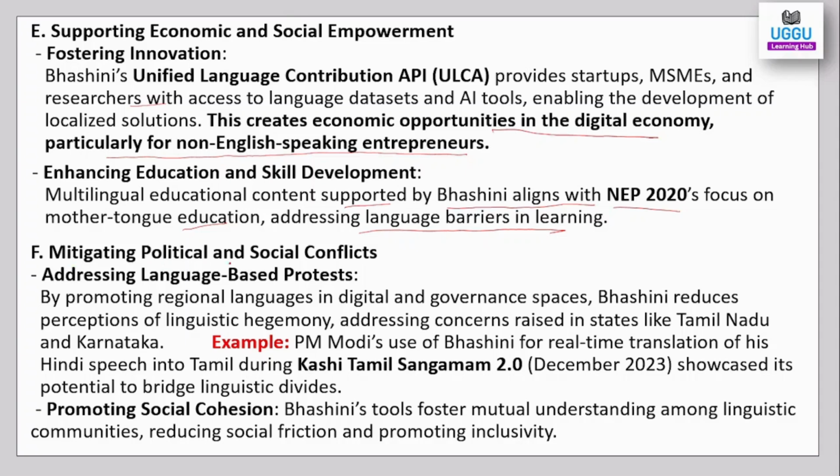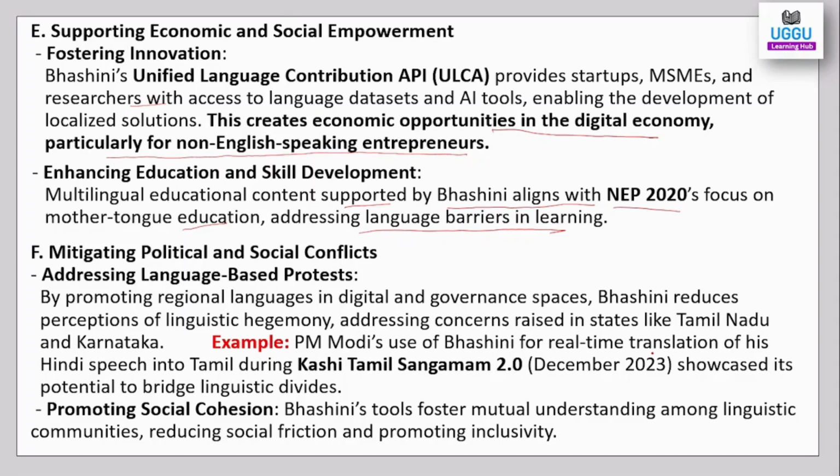Mitigating political and social conflict: addressing language-based protests by promoting regional languages in digital and governance spaces. Bhashini reduces the perception of linguistic hegemony, addressing concerns raised in states like Tamil Nadu and Karnataka.